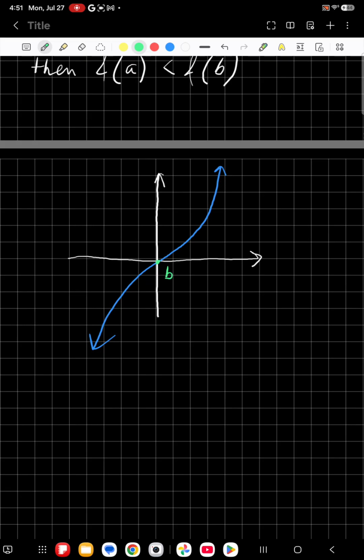So b would be here, a would be here. Now you can see that f of b would be, let me pick a different color, f of b would also be at the origin, and f of a would be here.